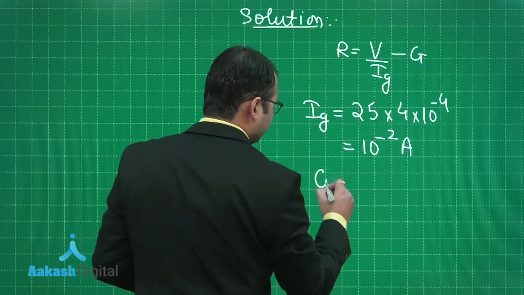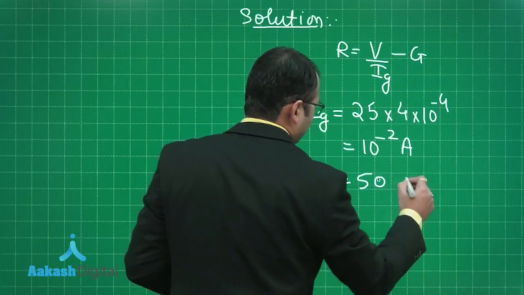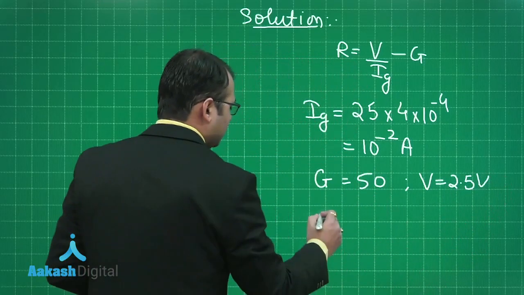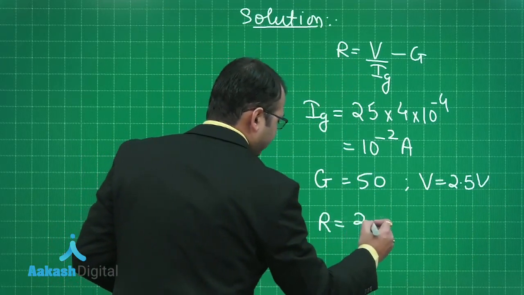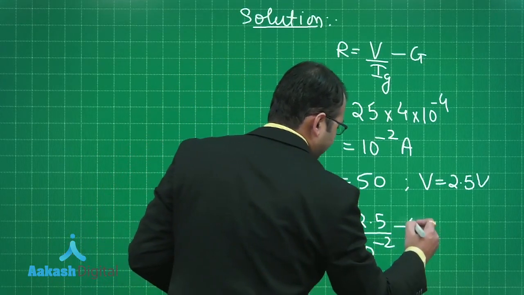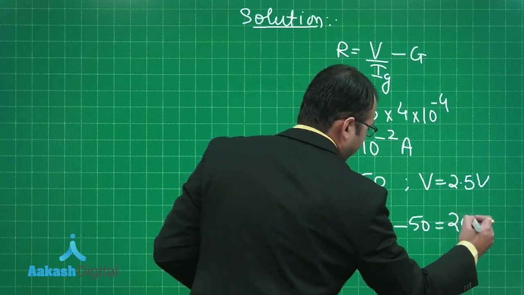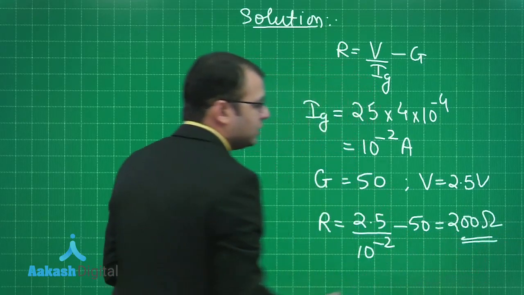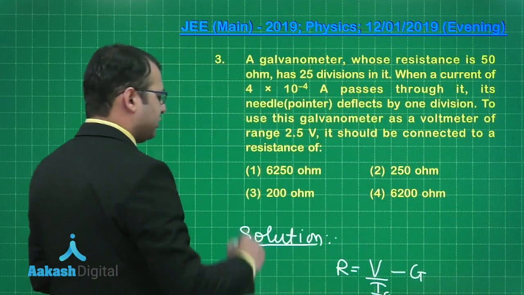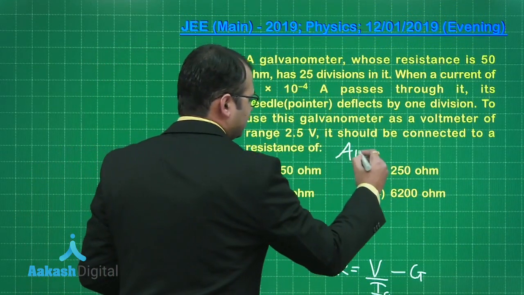G is 50. What is the value of potential we want? The maximum potential would be 2.5 volt. So R would be 2.5 divided by 10 to the power minus 2, minus 50, and this would be 200 ohms. Let's see which is the best suited option here. Among the 4 options given, option number 3 is the right answer to this question.